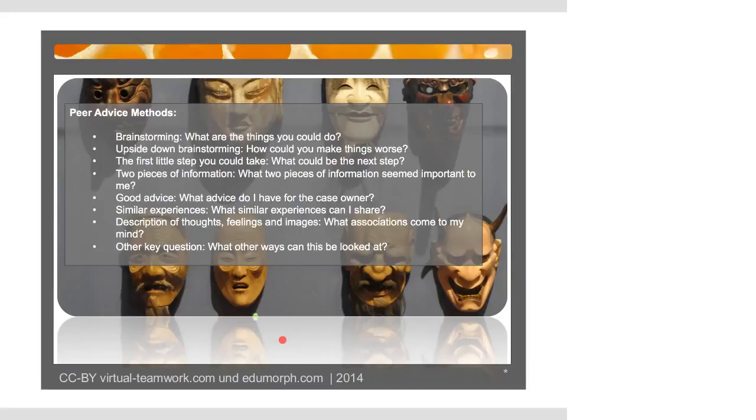In some cases, when teaching people how to use the peer advice method, if we have time, we can explore another method as well. But usually, we just stick with one. Okay, I would like to try upside down brainstorming, but if I'm only allowed one, then I would like to be practical and do something practical. So could we try the first little step you could take? Okay, the first little step you could take.